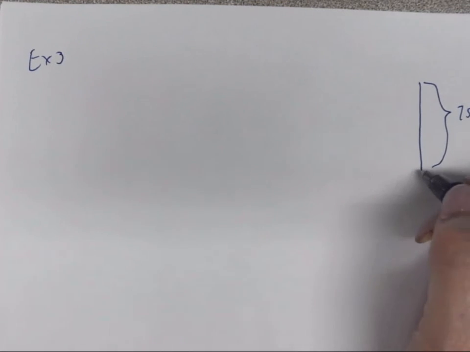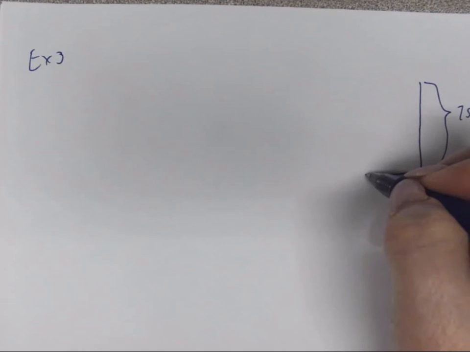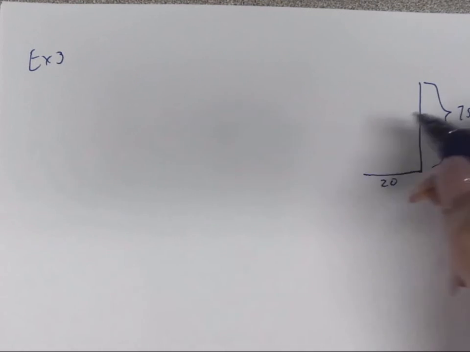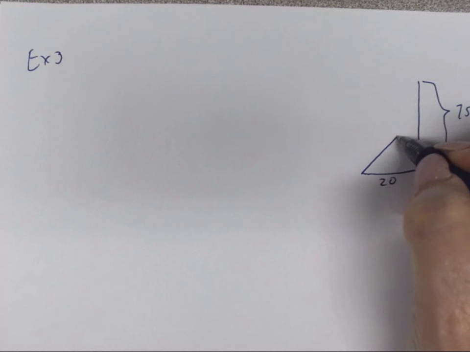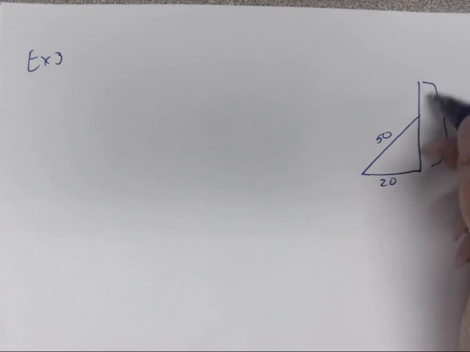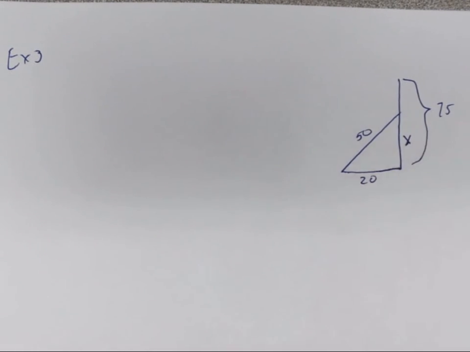We also are told that the distance from the bottom of the pole, the antenna, to where the wire is on the ground is 20 feet away. And we're also told that the length of the wire is 50 feet. We don't know how far up, so I've just drawn a picture that kind of shows it. This is what we need to find out. We need to find the x.